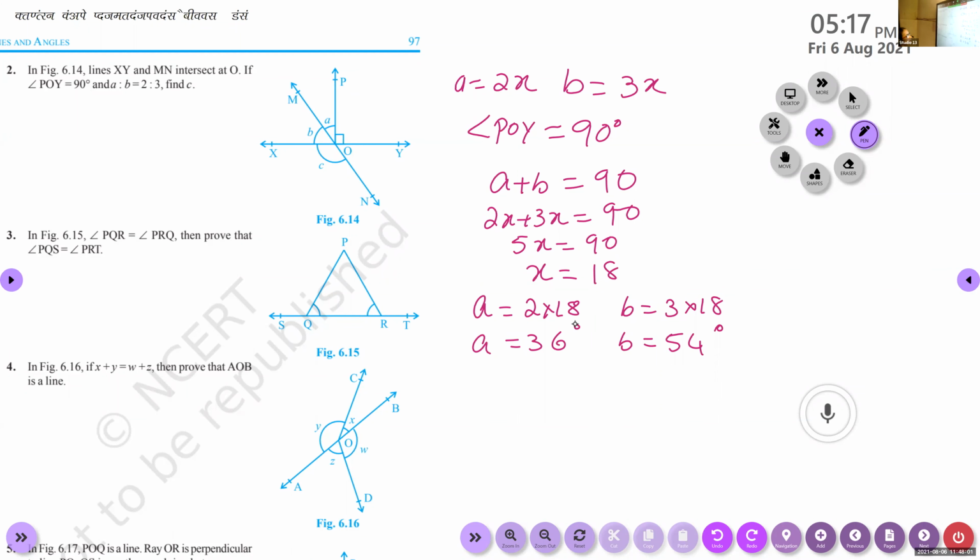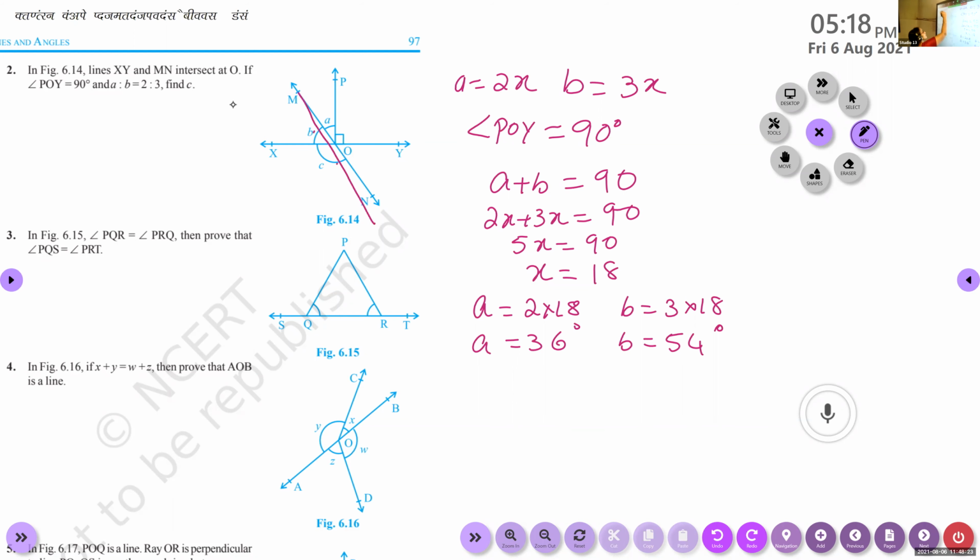What next? A and B we got. A is 36, B is 54. Our question is C. C is 180 minus 54. B plus C, this is MN.